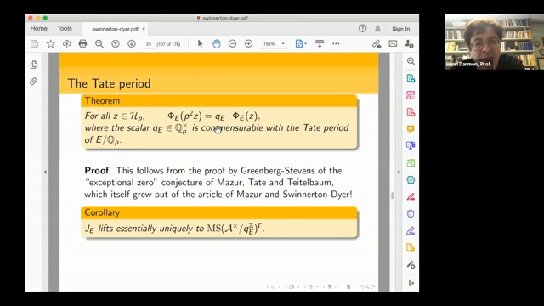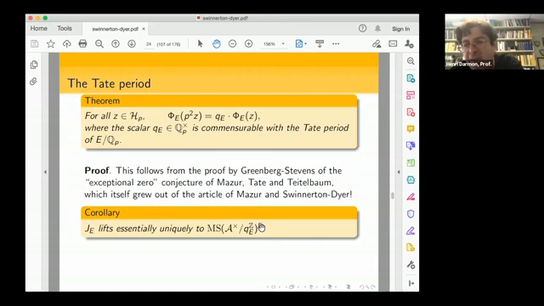Now, as a corollary, maybe one suggestive way of reformulating this theorem is the statement that this J sub E, the modular symbol with values in A star mod scalars, actually lifts to a modular symbol with values in A star modulo powers of this scalar, which is closely related to the Tate period, and which is gamma invariant.